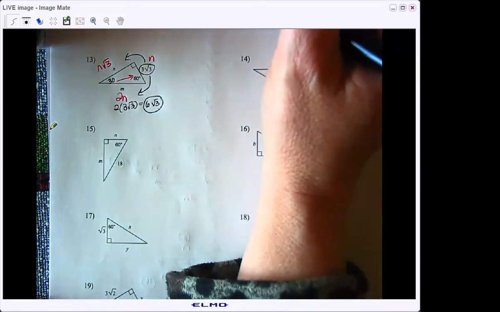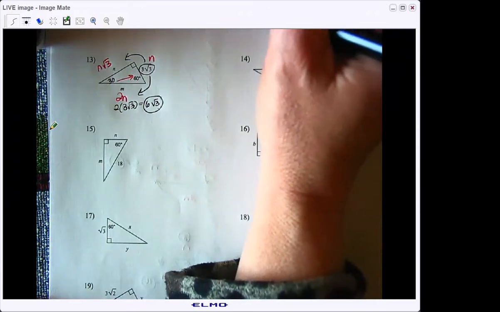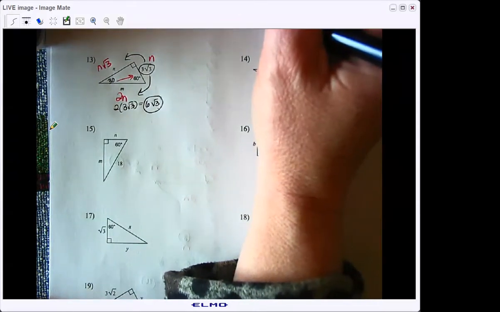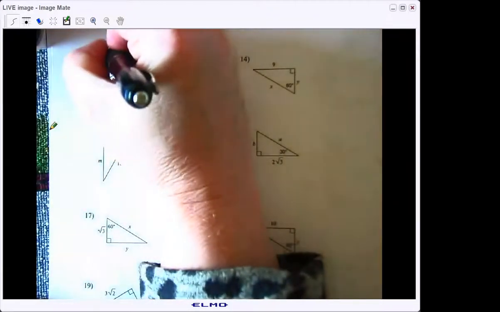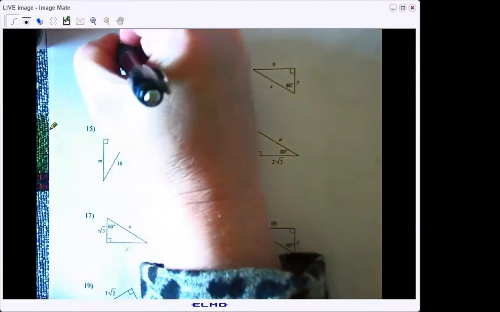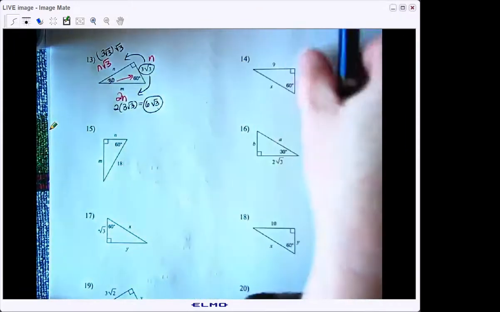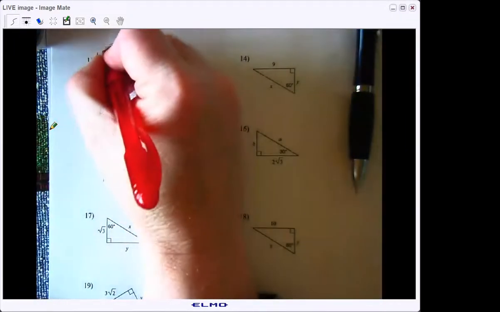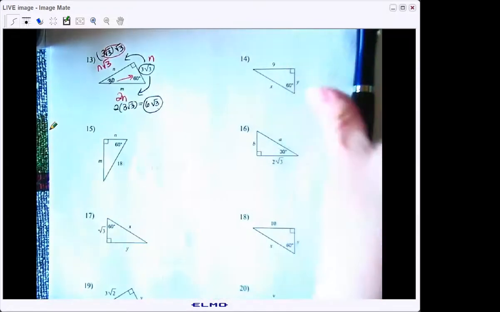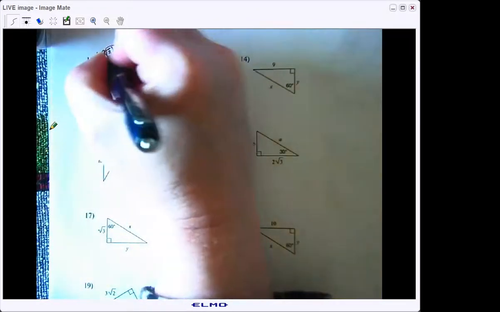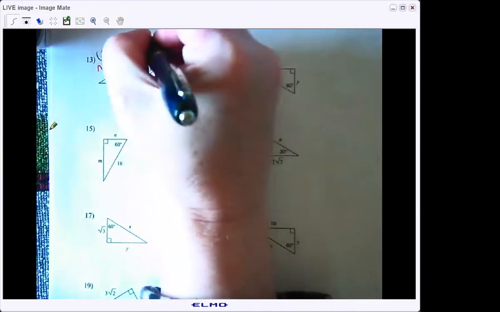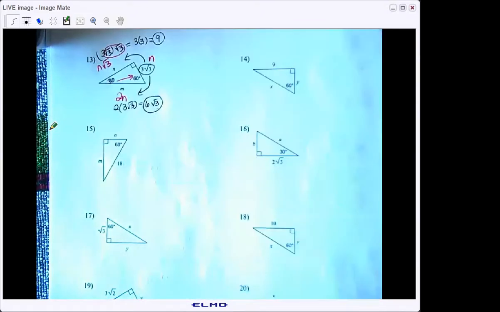Did anybody get an answer for the long leg yet? 9. Good. Because I'm going to take the N, which is 3 root 3, and I'm going to put a root 3 next to it. And when we multiply these two, we have the outside 3, and then the 2 3s give us another 3, and we get 9.